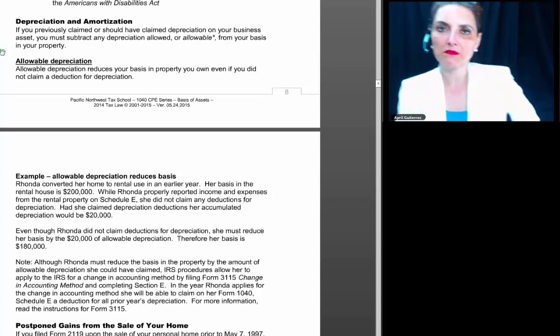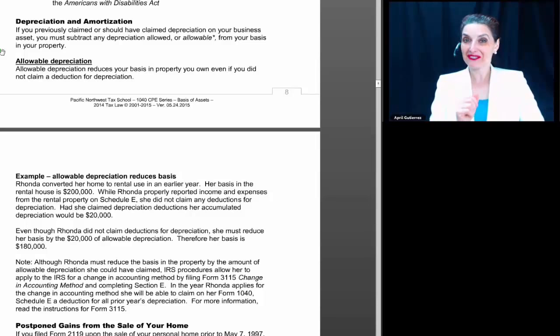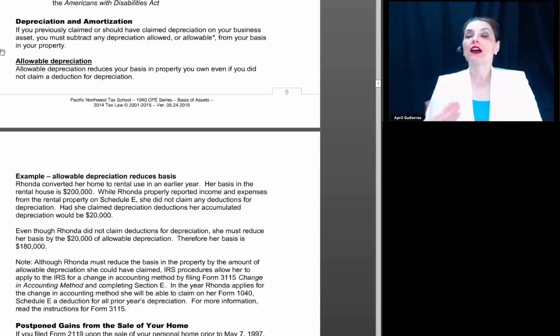So I mentioned this a few minutes ago, and this is something that often causes trouble. So I have a client coming to me for the first time, and what I automatically want to do is see their tax return for at least last year and preferably for a year or two before that as well. And if they've got any assets that they're using in their business, I'm going to be looking for depreciation calculations that were done on that.